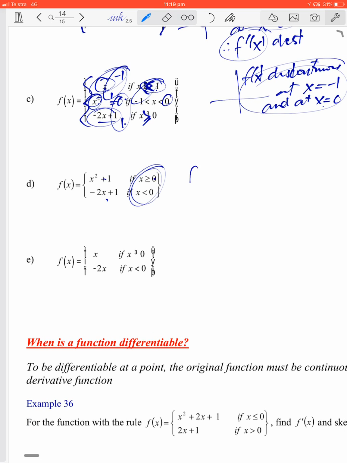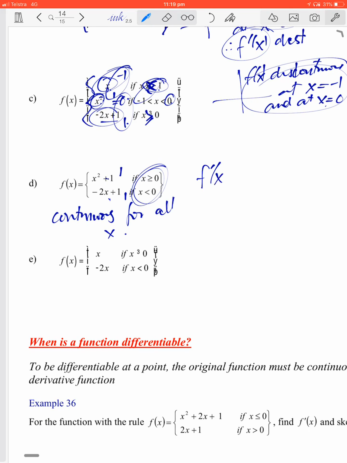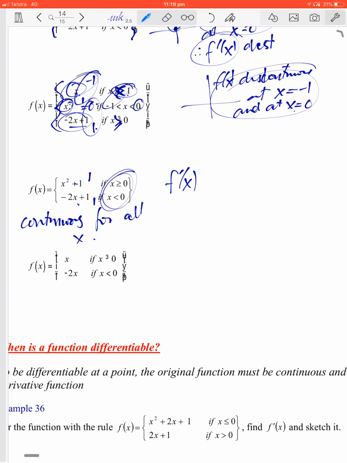So if I put 0 into both of them, in this one I get 1, and in this one I get 1. So that means it's continuous for all x. Now that doesn't mean the gradient's continuous, so let's find the gradient. The gradient also, for it to exist, has to be continuous, it has to join up the whole way through. So f dash of x is 2x and negative 2.